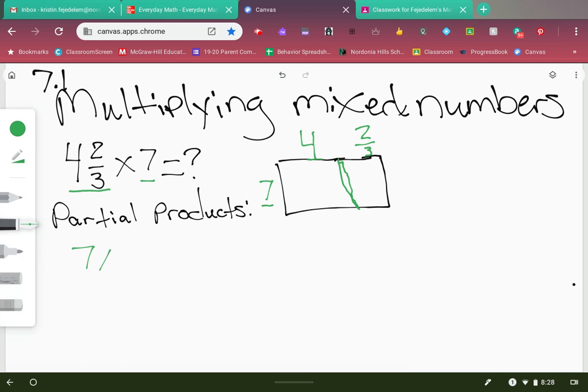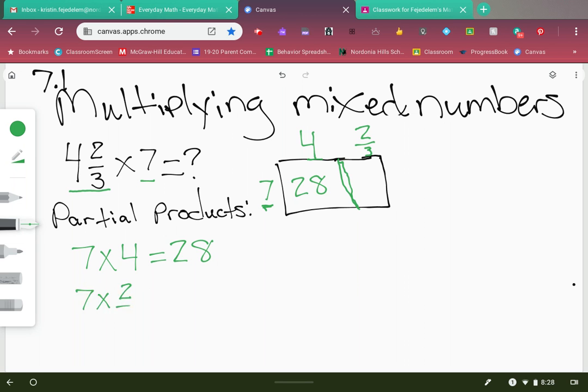So the first partial product is 7 times 4, which we know is 28. So fill that in. Now our second partial product is 7 times, right, 2/3, because that's our length.